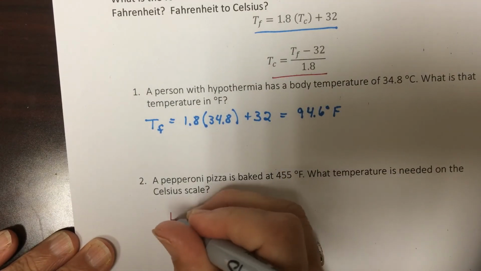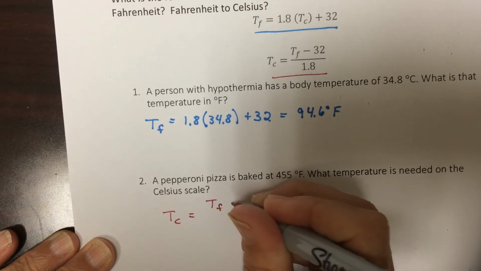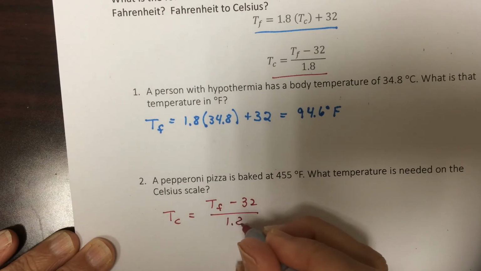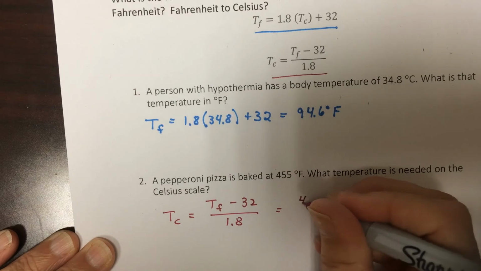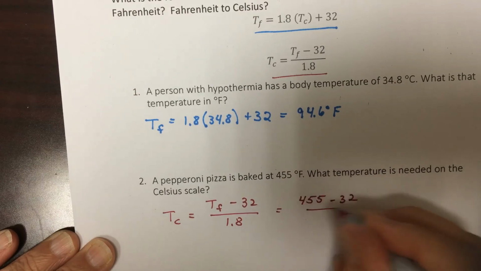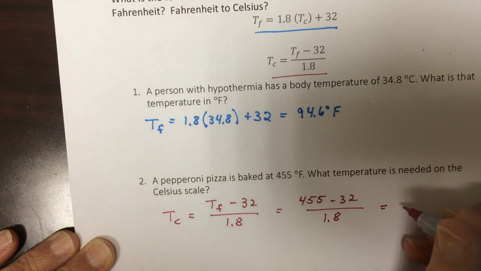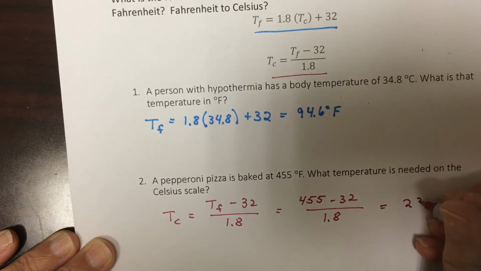So the temperature in Celsius is going to be equal to the temperature in Fahrenheit minus 32 divided by 1.8. So the Fahrenheit temperature was 455 minus 32 divided by 1.8. And that will give us 235 degrees Celsius.